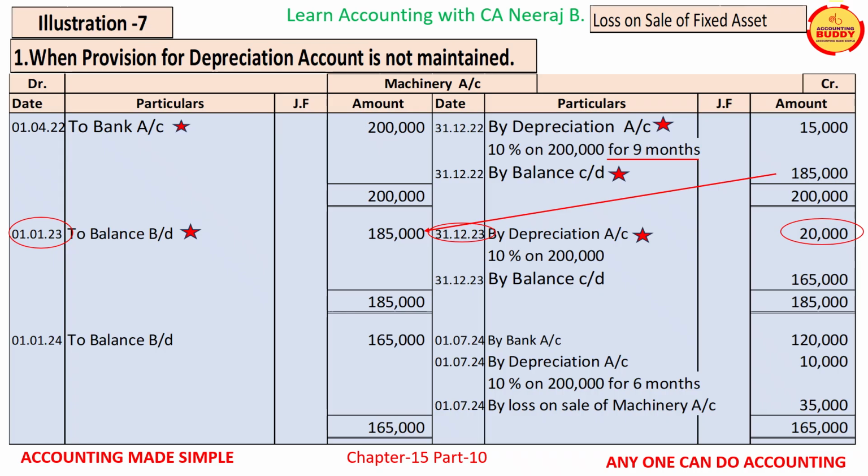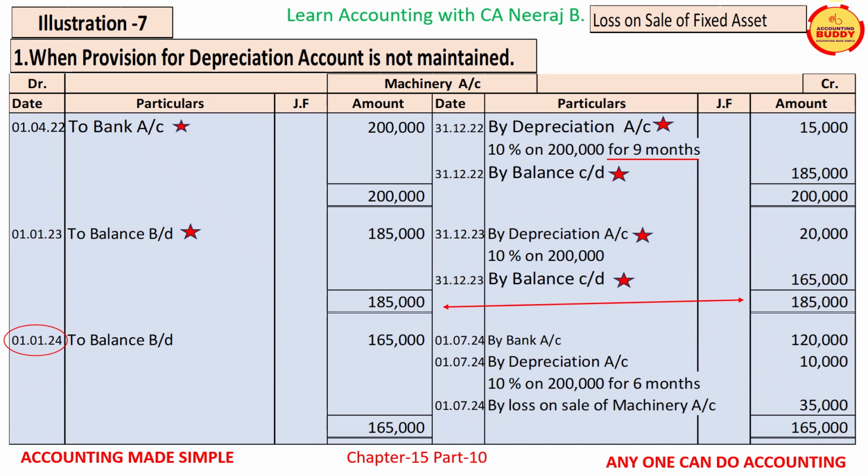Now if we deduct from the total of $185,000 debit side balance, $20,000 credit side entry, we are left with a net asset value of $165,000 as on 31st December 2023 and it is shown on the credit side of the machinery account by writing the words by balance carried down.